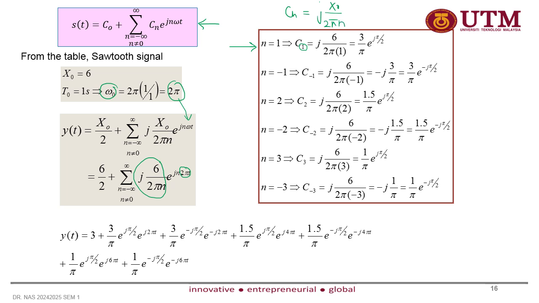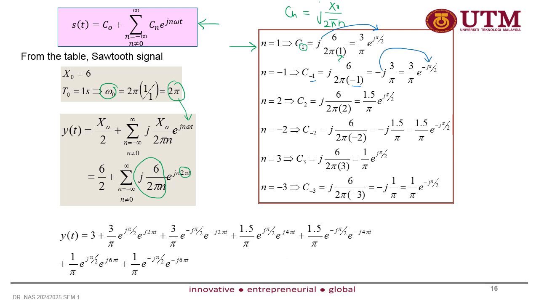When n equals 1, replace n with 1. For j, if you want to remove the j when you convert it, it is basically equal to the phase shift of pi over 2. Next, for n equal to -1, replace n with -1. So again you have negative j, so you convert it into negative j pi over 2.